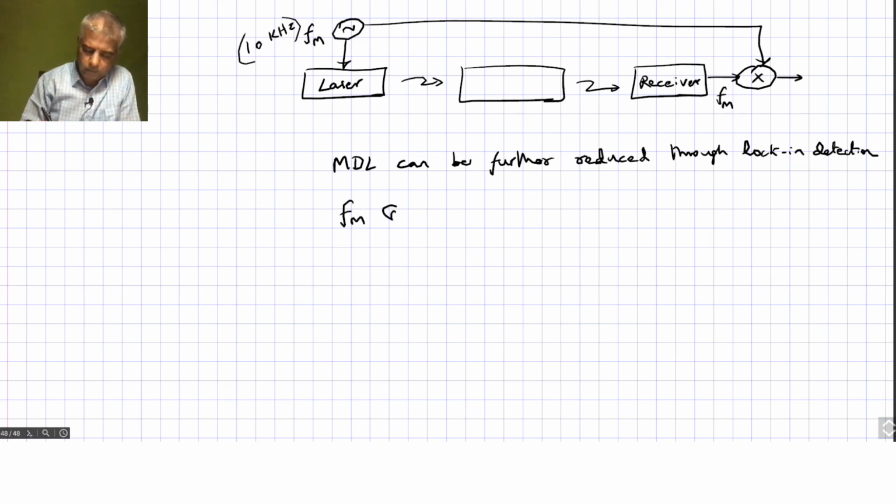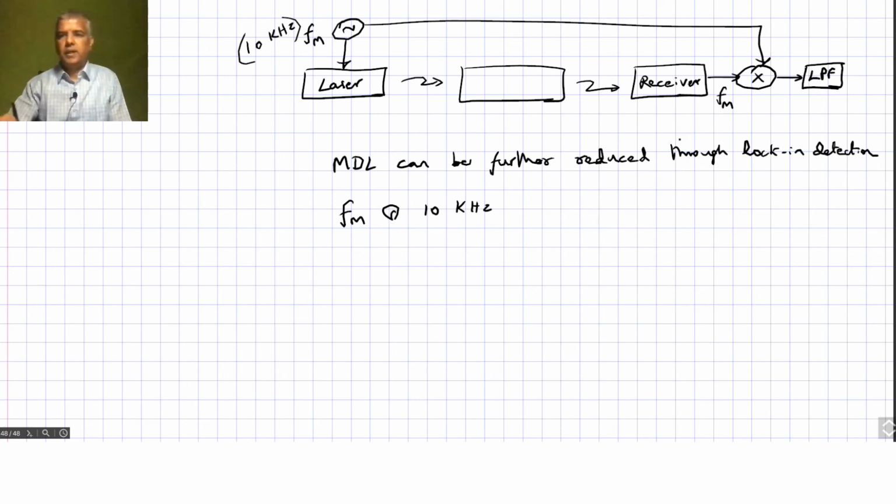In this case, FM could be in the order of 10 kilohertz, which means that in your receiver, whatever bandwidth over which you are accumulating noise, that noise you will be able to reduce by using a low pass filter over here, right?